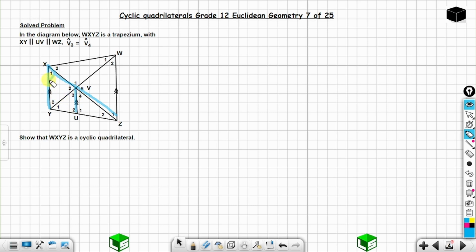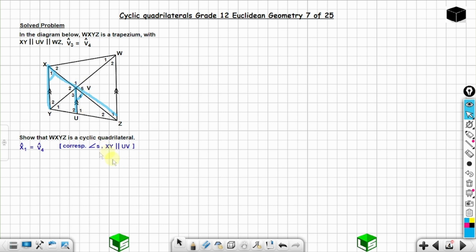So this angle is equal to this angle because this line is parallel to this line. You have corresponding angles. So the angle x1 is equal to the angle v4. The reason is corresponding angles, xy parallel to uv.